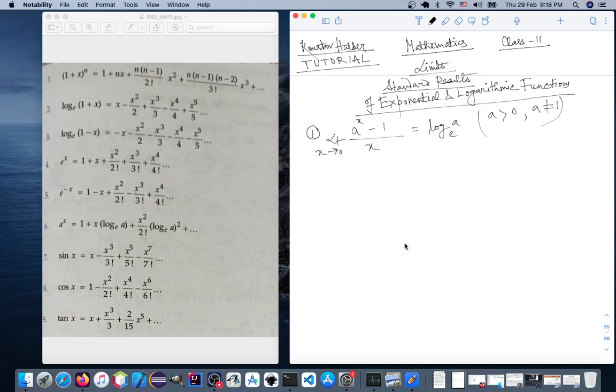Now, this is the standard result, but please note that this result can also be applied if instead of x we have any function of x in the power of a, and that same function of x has to be in the denominator. So this is a special form.